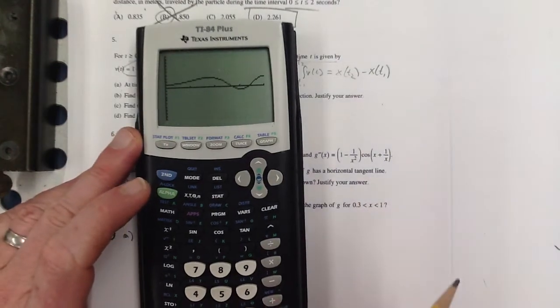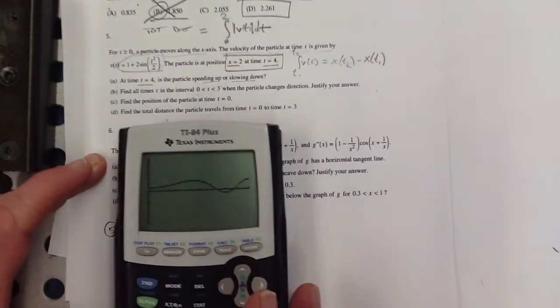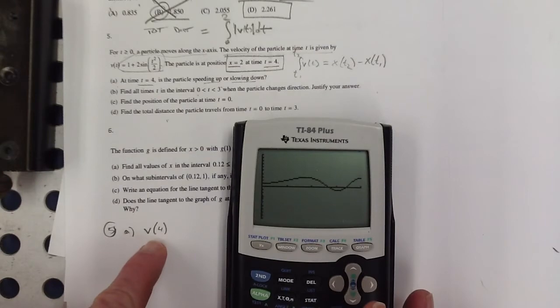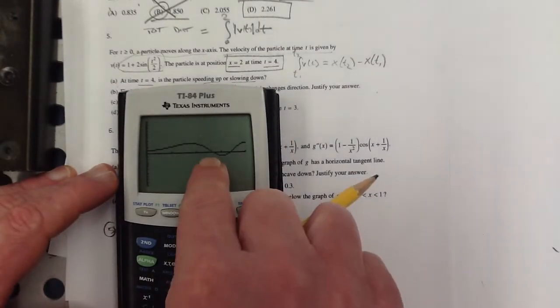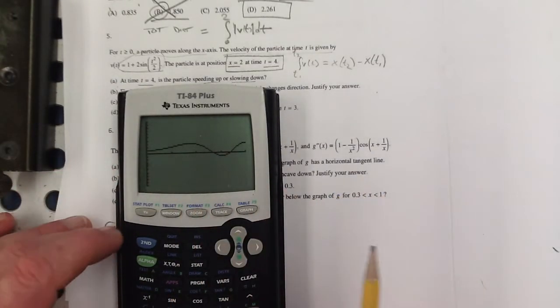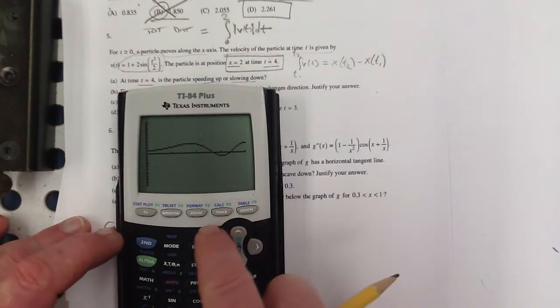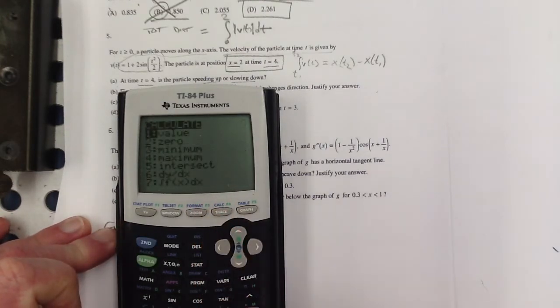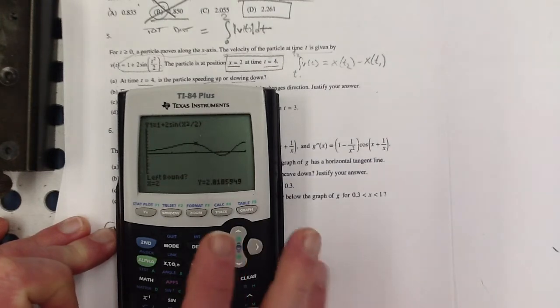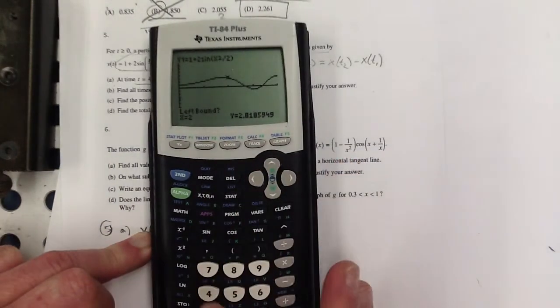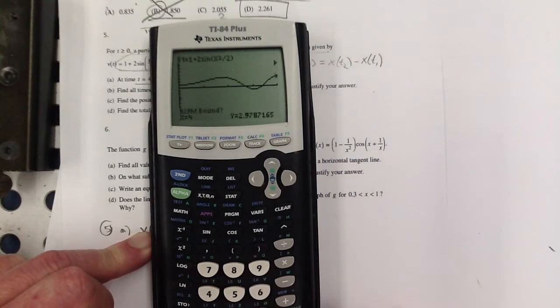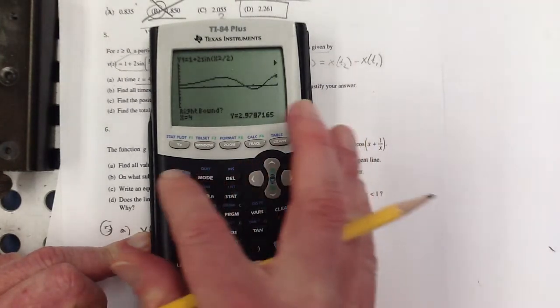Okay, so there's a couple things that I can do here to find the velocity and the acceleration. This is a graph of velocity. So I can just go to second calculate value and type in 4. Oh, did I not type value? I guess I typed something else. That doesn't look right.